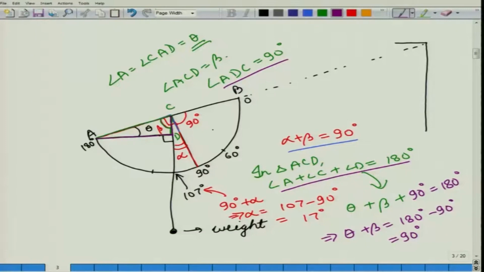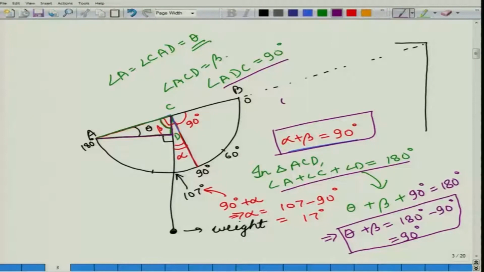Now we have already derived that alpha plus beta is equal to 90 degrees. So from here we are getting that theta plus beta is equal to 90 degrees, which is equal to alpha plus beta. So now subtracting beta from both sides, we get that theta is equal to alpha. So now this angle that we are trying to measure is equal to this angle.